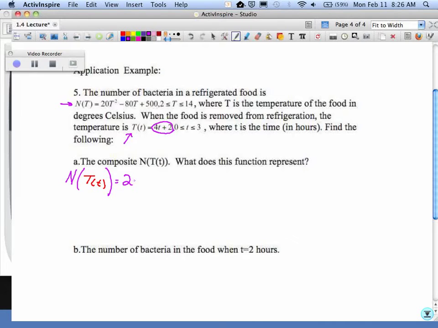So it's 20, and instead of big T squared, we're going to put in 4t plus 2 there.